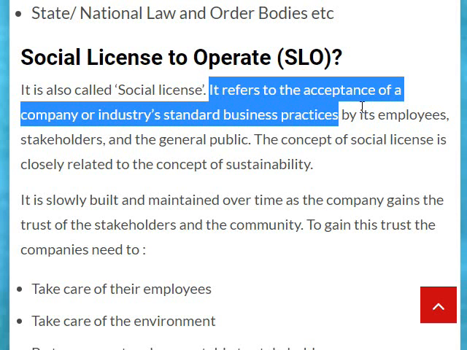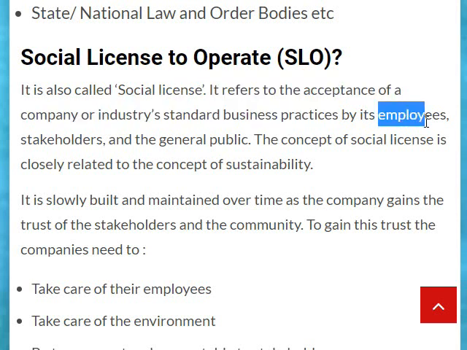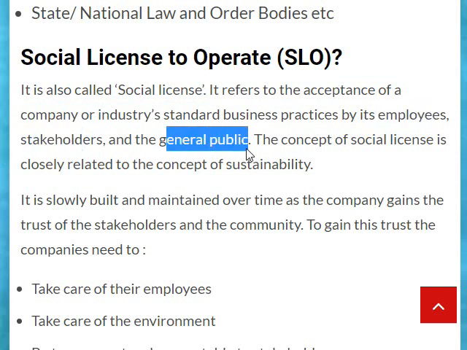And we will try to see why this social license to operate is gaining importance in the mainstream, why it is important for businesses to obtain this license, and how they can do it, what the best practices are. And this social license to operate is basically obtained from employees, stakeholders, and the general public.